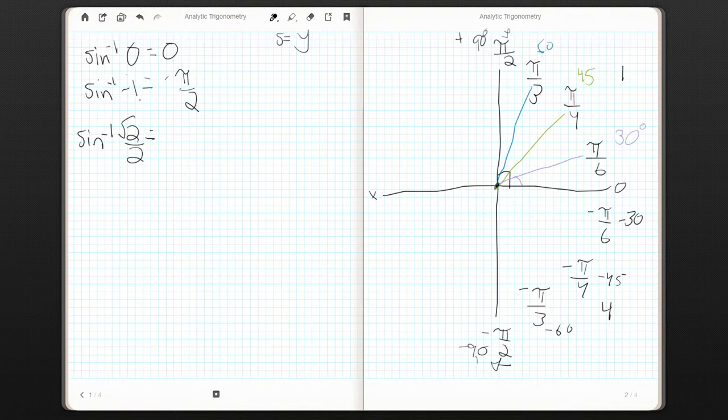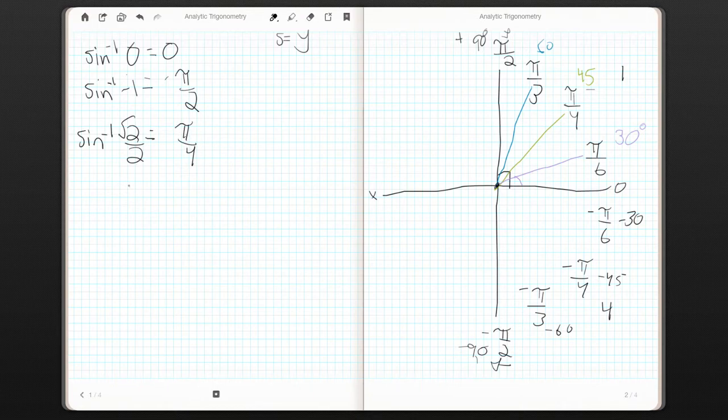Remember that. So it says square root of 2 over 2, and it's positive. So where is a positive 45 degrees? Where is that on here? Right there, 45 degrees. So this equals pi over 4.